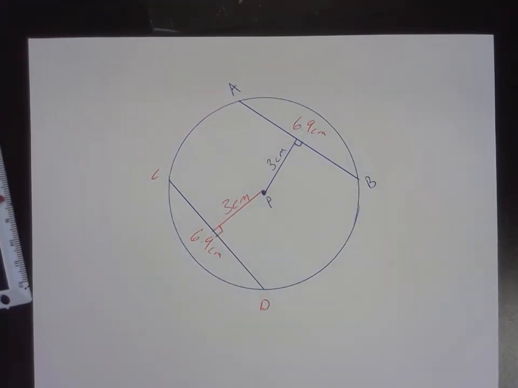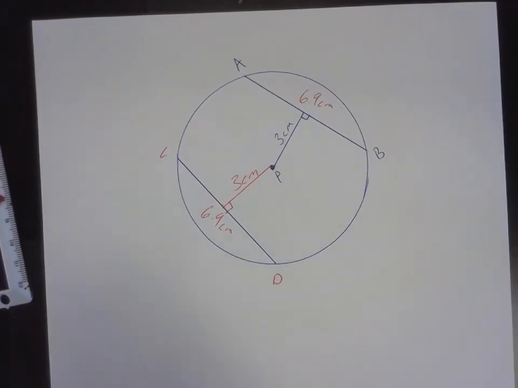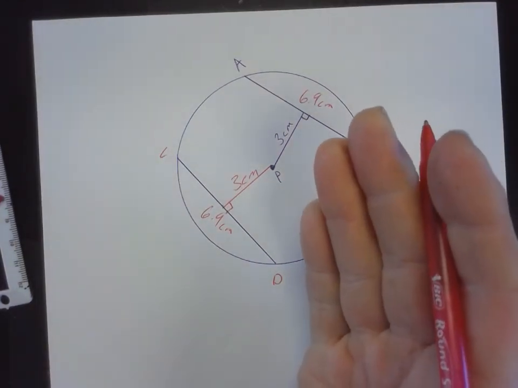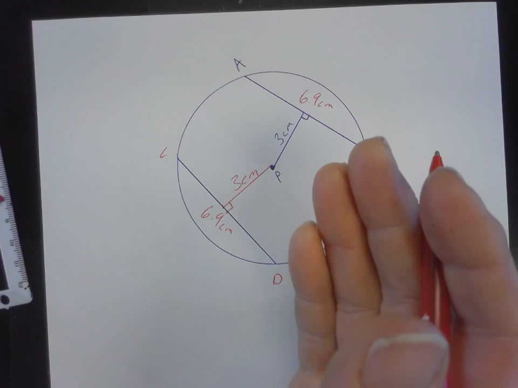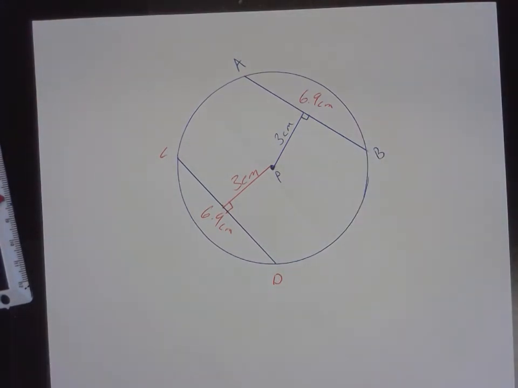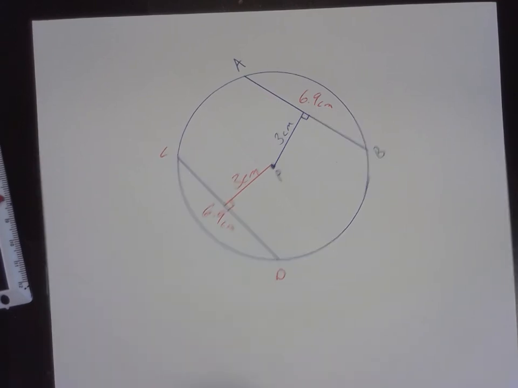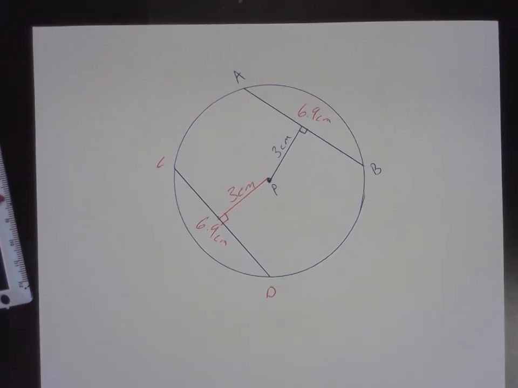Okay? But again, does it look like it should be that way? That is the beauty of circles. Everything that looks like it should work, works. Okay? Anytime you look at something and think, well, it just seems like it should be that way. Yes, it is. And it's really easy that way to kind of figure things out.